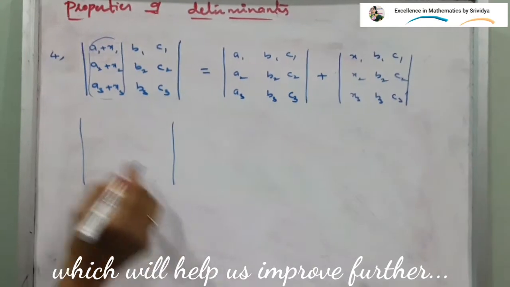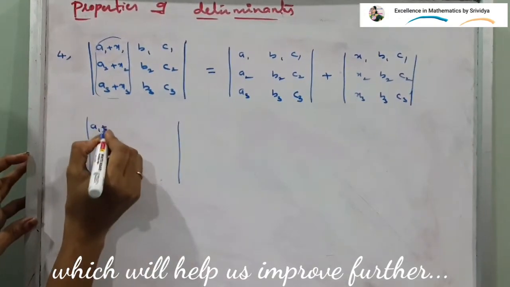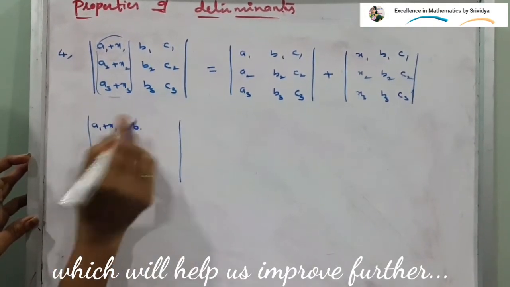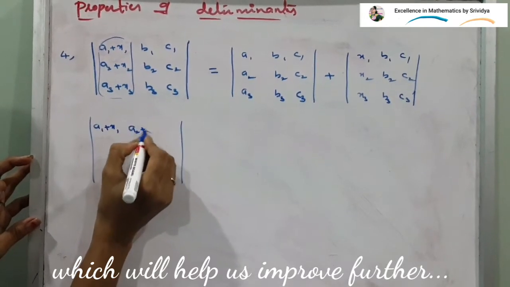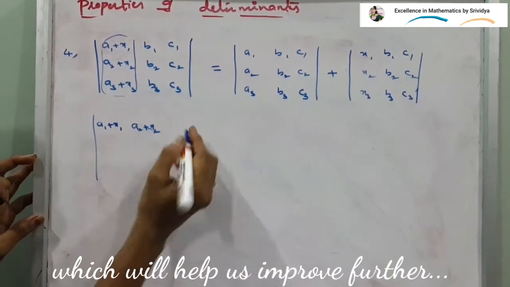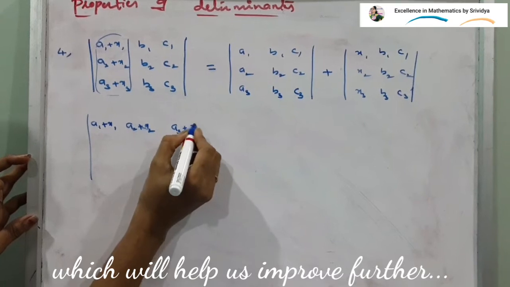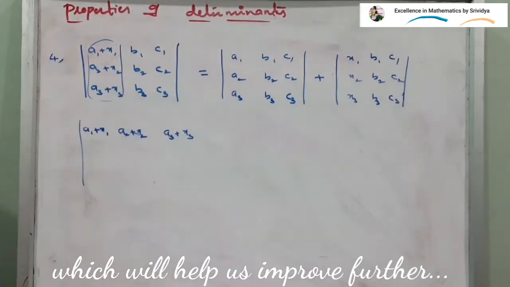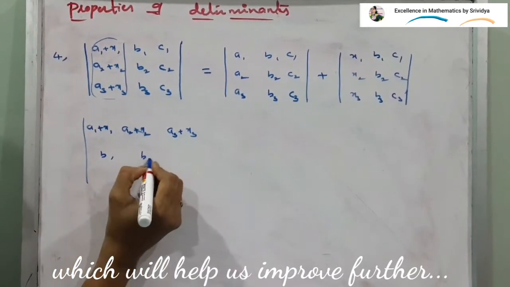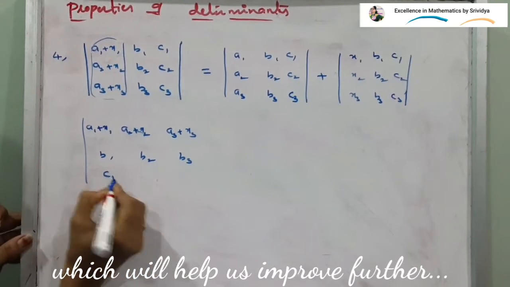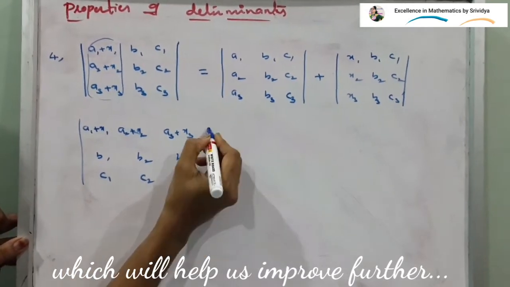Suppose you take it in rows: a1 plus x1, a2 plus x2, a3 plus x3. The remaining rows are the same: b1, b2, b3, c1, c2, c3.